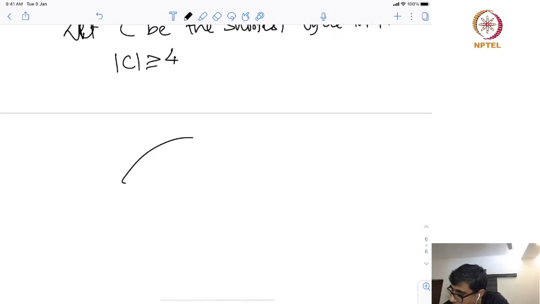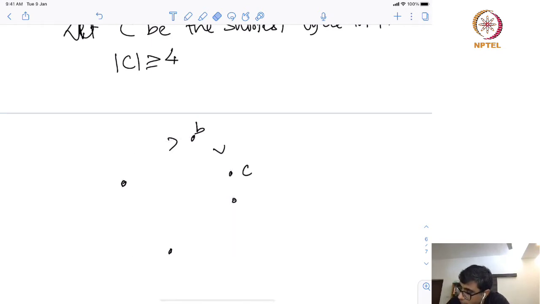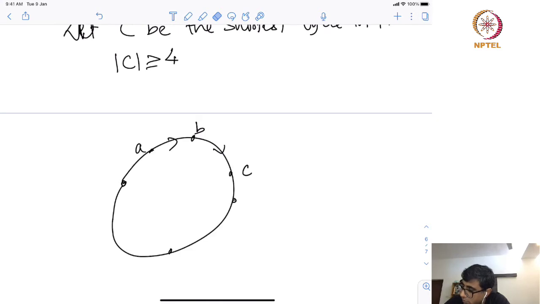So let's draw this. It's a directed cycle, with vertices A, B, C, and there are more vertices here. This is an orientation of this cycle.